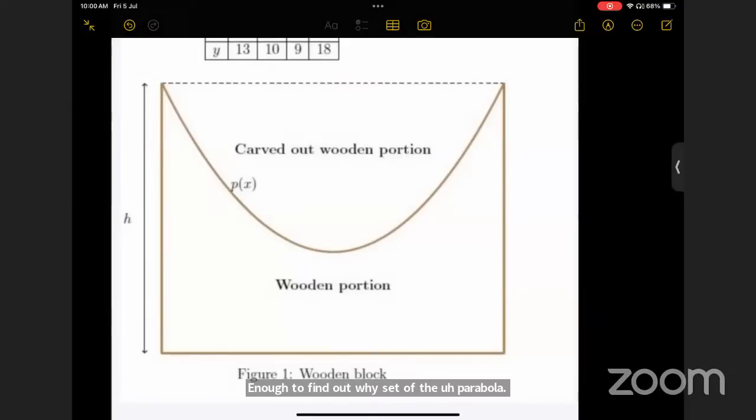Yes. We took this border as our y-axis, right? So is it enough to find the y-intercept of the parabola?